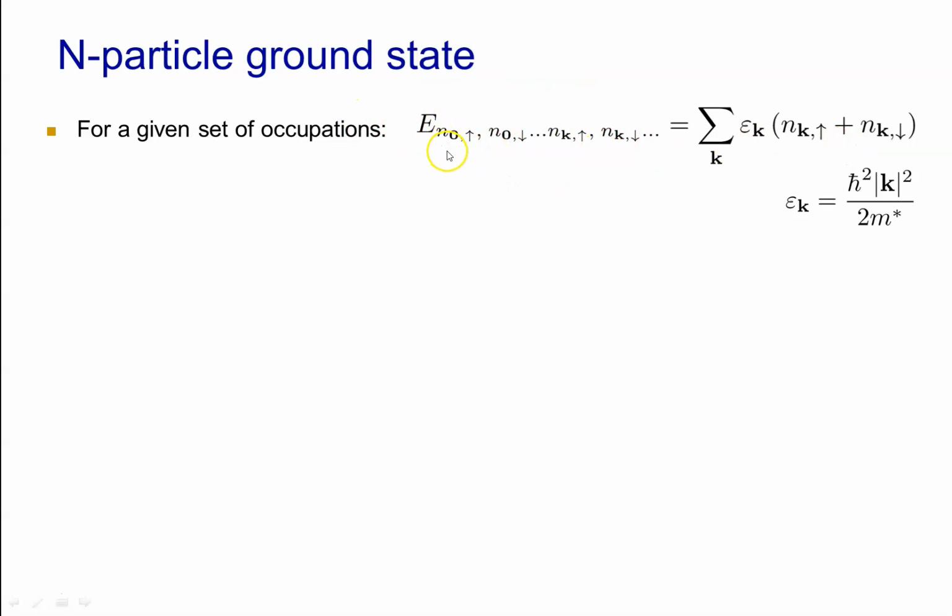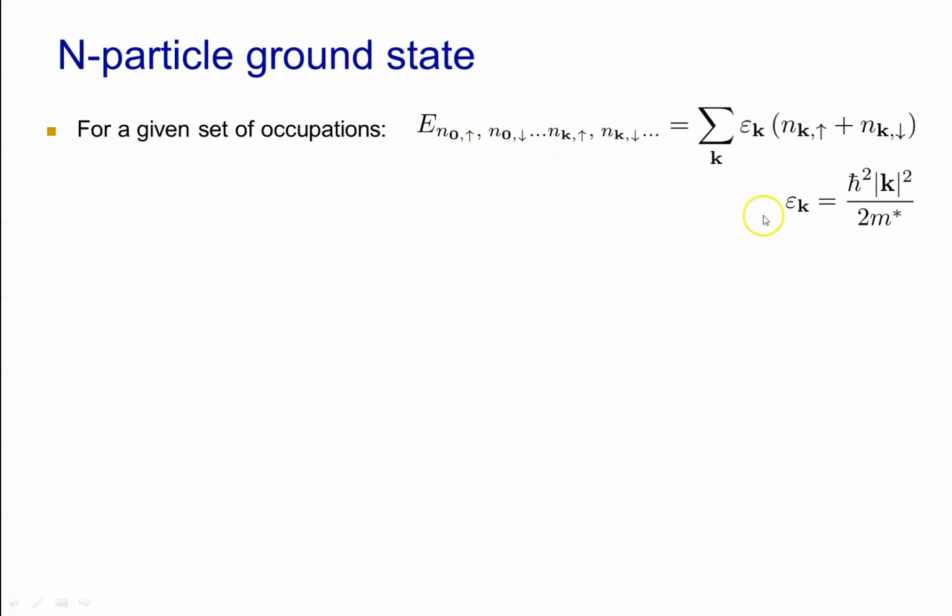So say if I have only 2 particles in my state, the energy would be 0 because I'm only putting two particles in the k equals 0 state, so I would have 2 zeros. But then I can put 1 in, say, k equals 2 pi over Lx, and maybe another one there. So now I have the energy of the n particle system a little bit higher.